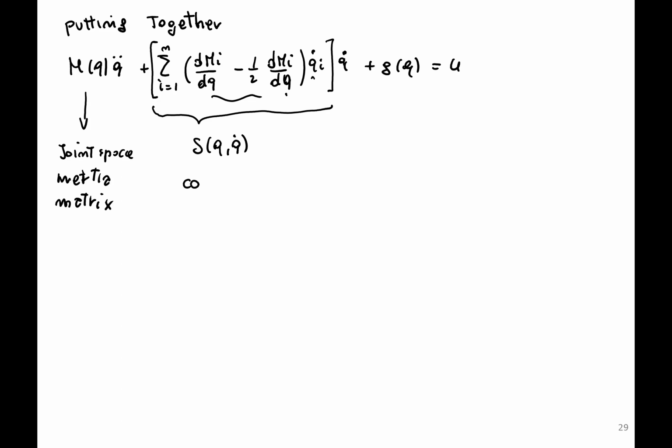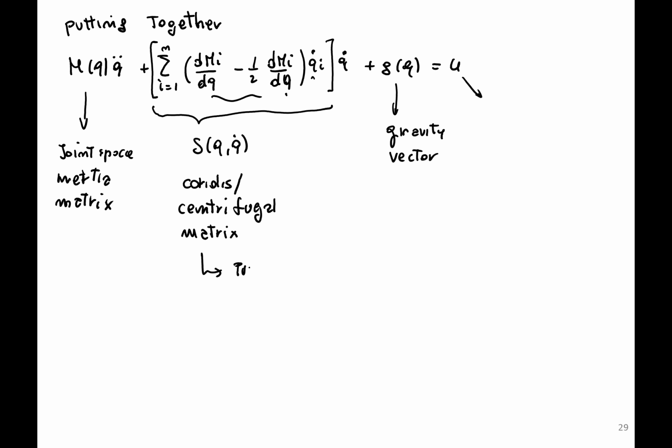We call it the Coriolis centrifugal matrix. Then we have the gravity vector, and the generalized forces.